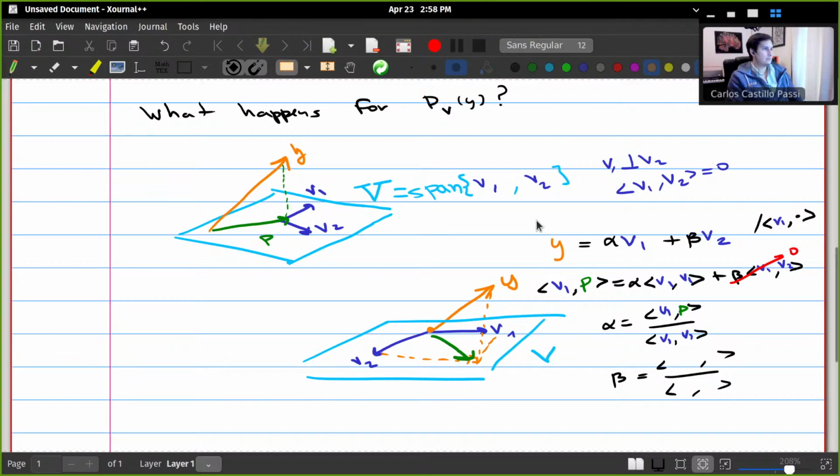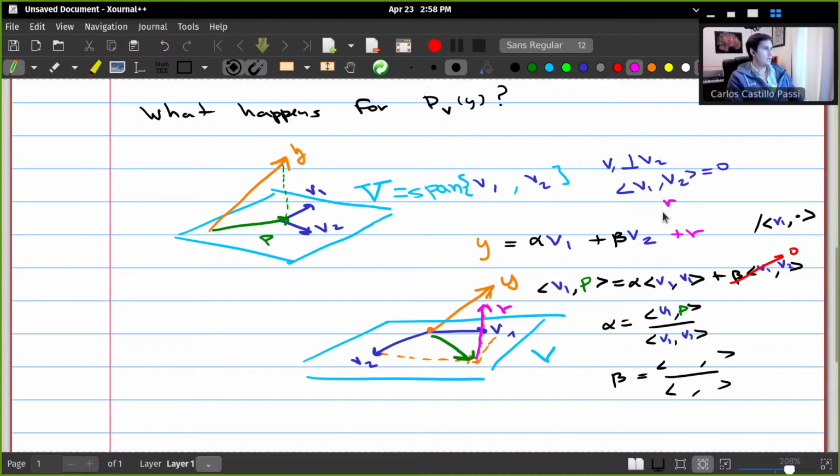So let me put this a little bit around here. And the same as before, we will have this residual vector. Now I'll just call it R, that has the very special property that it is orthogonal to the space.